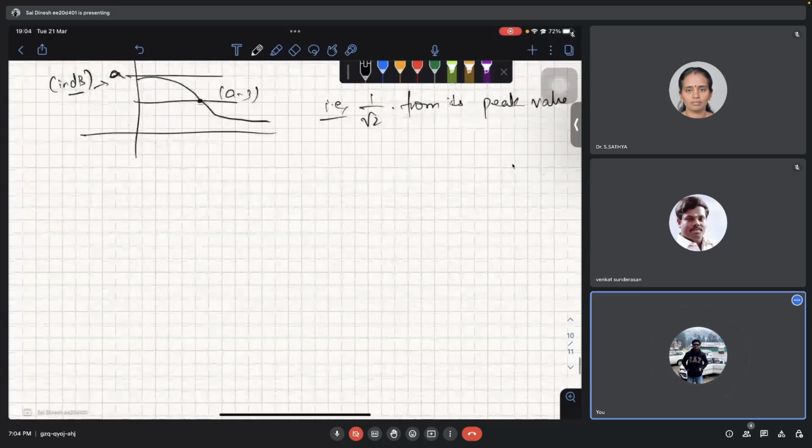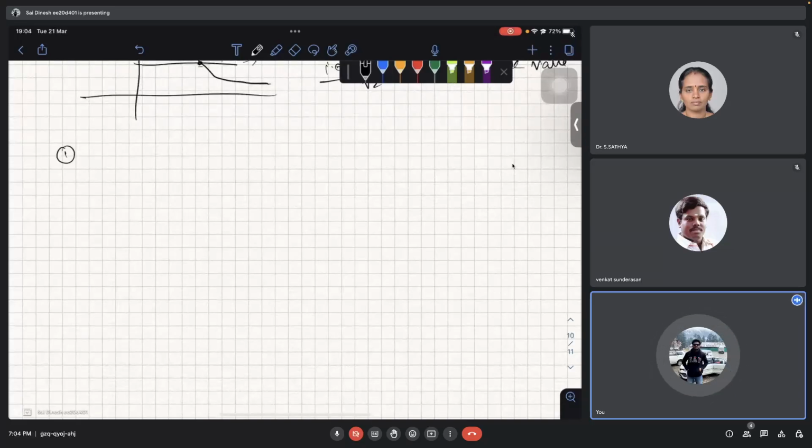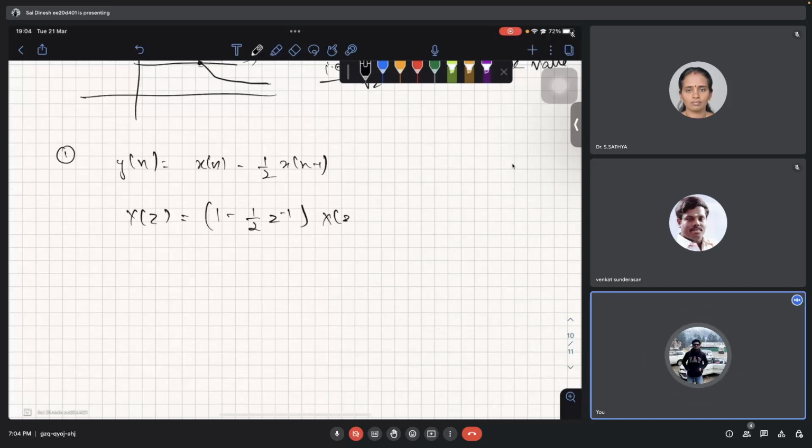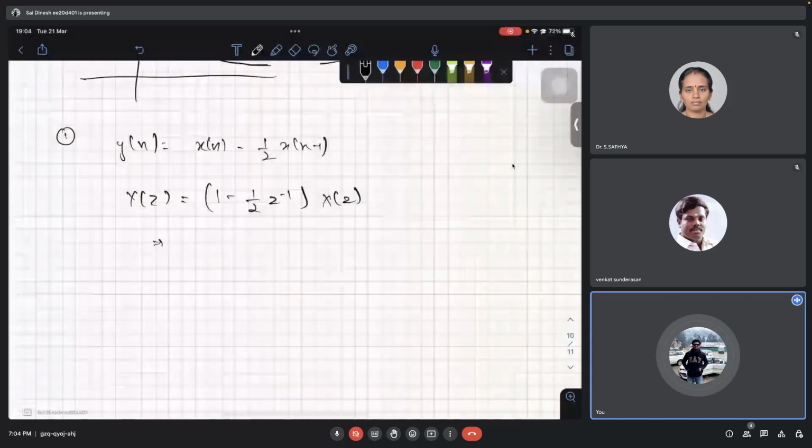Okay, so now the question is, so what we have is y of n is equal to x of n minus 1 by 2 x of n minus 1, which implies y of z is equal to 1 minus 1 by 2 z inverse x of z, right? So h of z, 1 second, so 2x of n now.